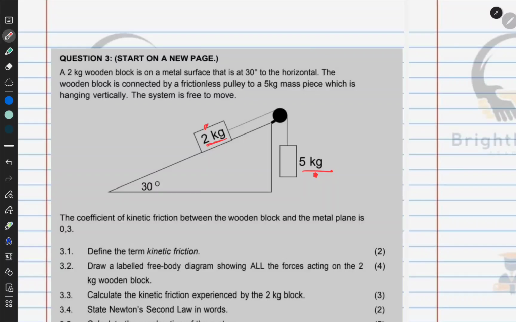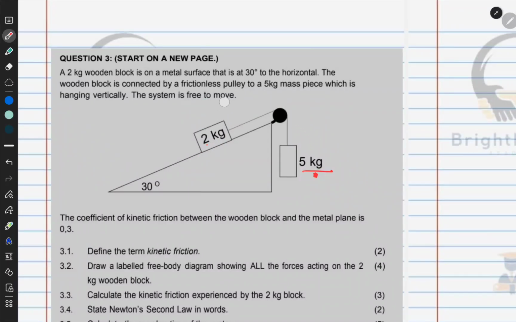So it's likely to pull this thing such that it moves up and therefore ultimately comes down this side. Obviously we are not considering the fact that there is friction here, which might stop all of that and make it impossible. But they did say the system is free to move, so that's just what it means.